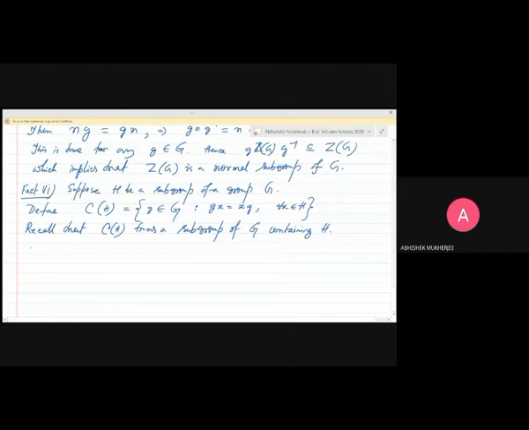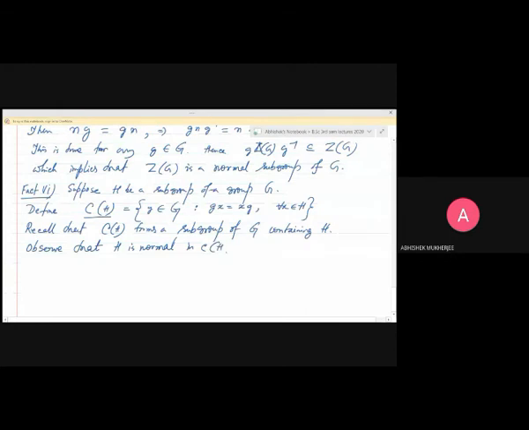Now observe that H is any subgroup of the group G. Maybe it is normal or maybe it is not normal in the group G, but whatever it is, H will always be a normal subgroup of this group C(H). Observe that H is normal in C(H).